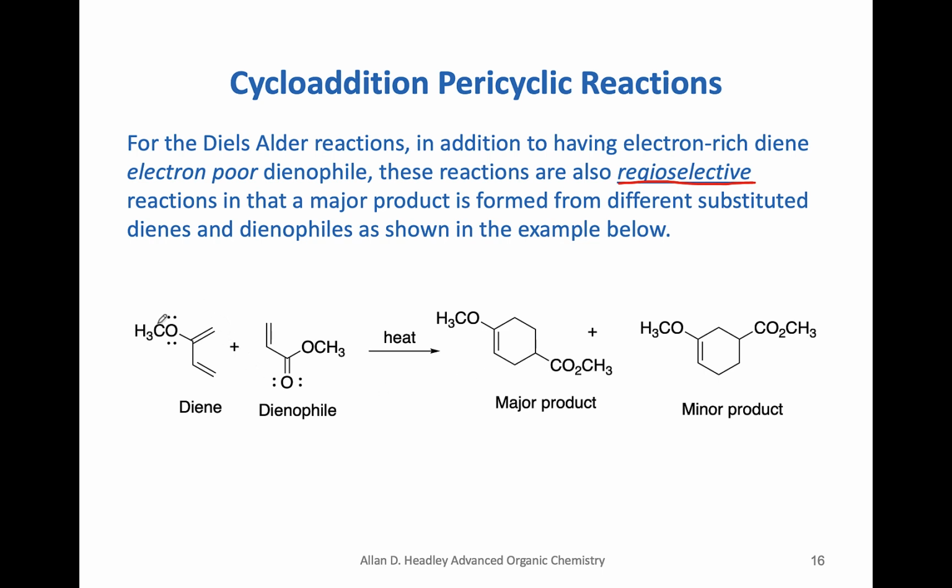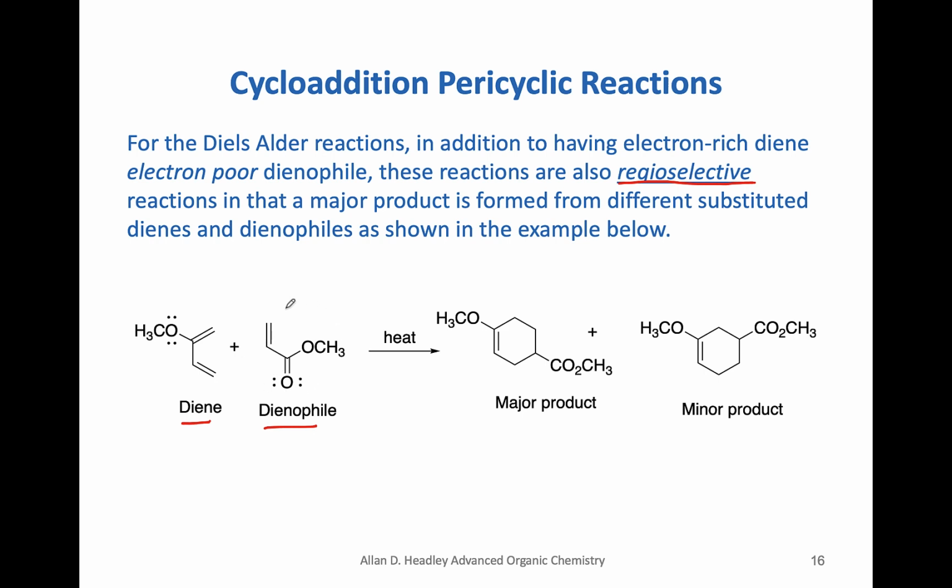So notice here for this diene, and we have the dienophile here, we get two possible products, because we can have the bonds coming out here and we have this as a product.